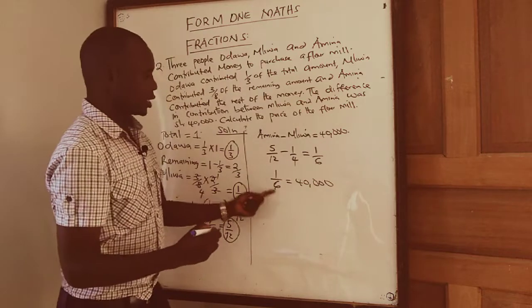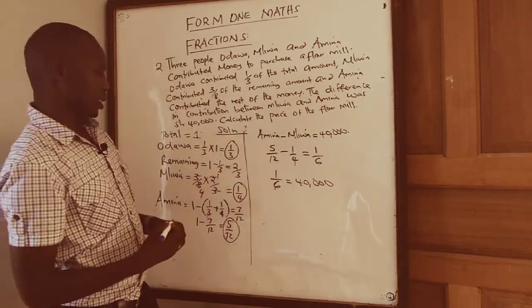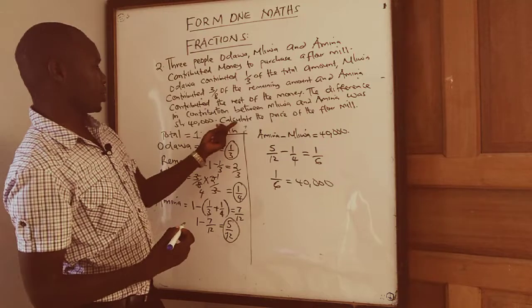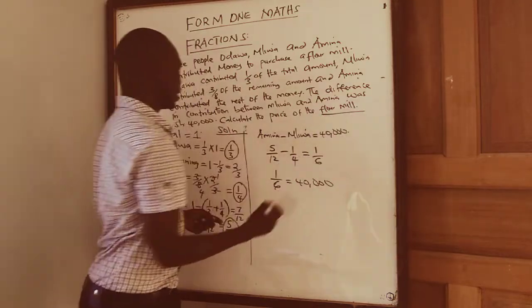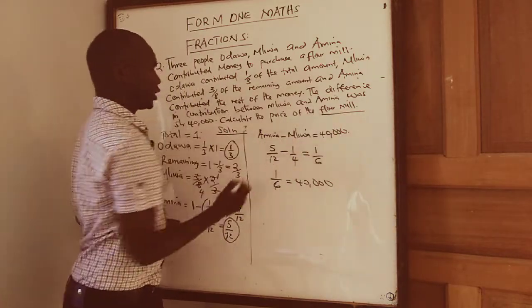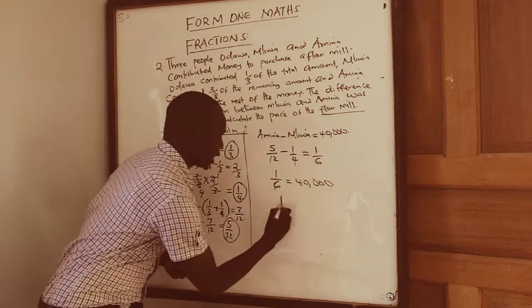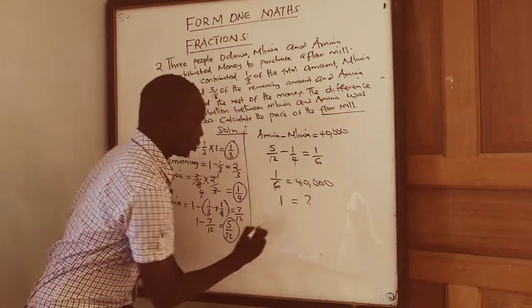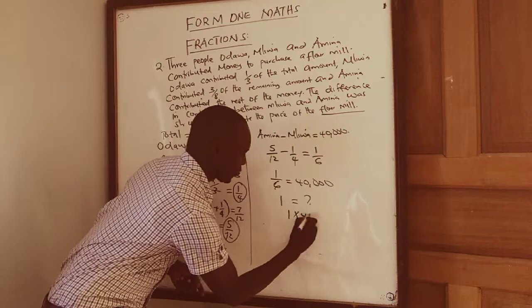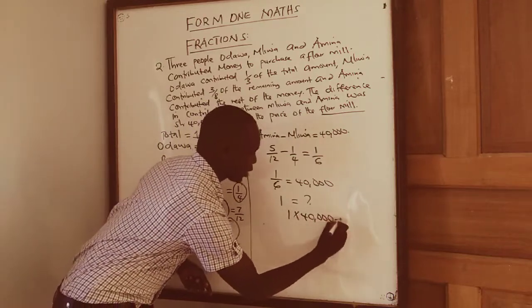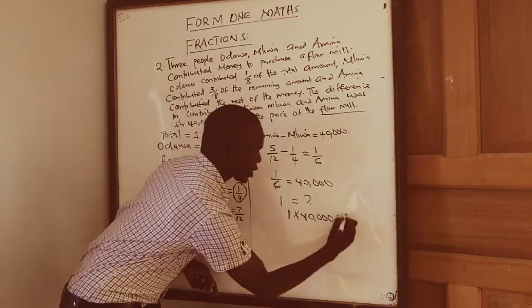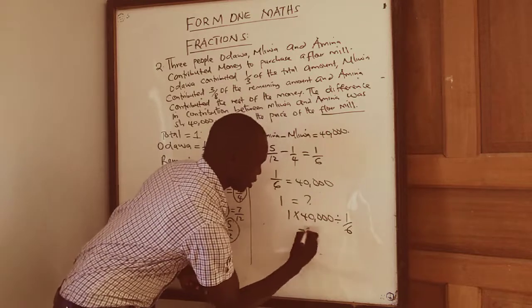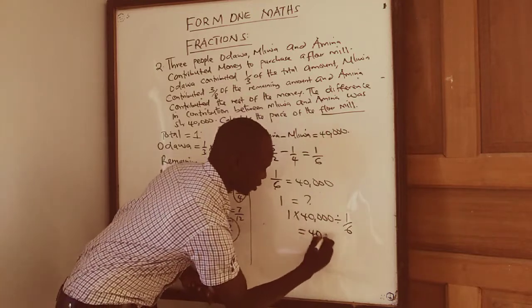So if a sixth is equivalent to 40,000 Kenya shillings, we are supposed to calculate the price of the flour mill, and the total amount required to buy the flour mill is 1. So we ask ourselves, what about 1? It is going to be 1 times 40,000. We divide by a sixth, and this is going to give us 1 times 40,000.